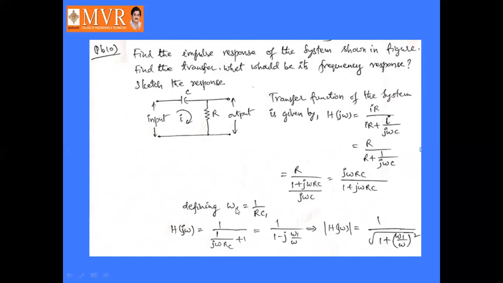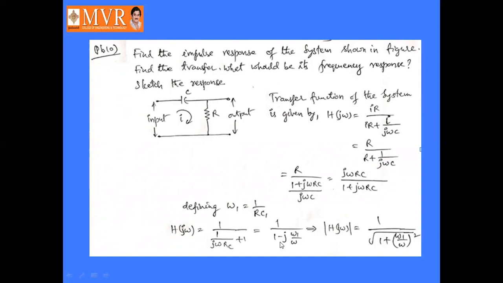Defining omega 1 equal to 1 by RC. Replace omega 1 by 1 by RC, so that H of j omega equals 1 by (1 by j omega RC plus j omega RC by j omega RC), so that it becomes 1 by (1 minus j into 1 by omega RC). 1 by RC is omega 1.